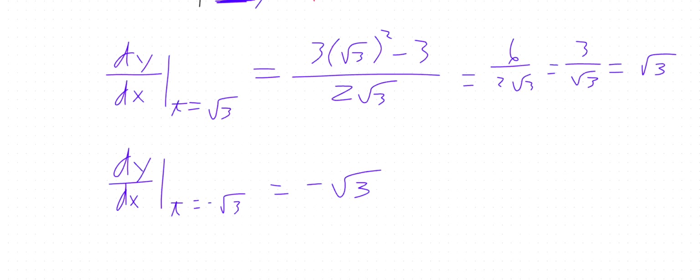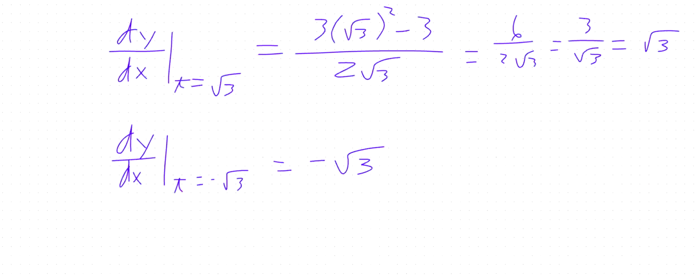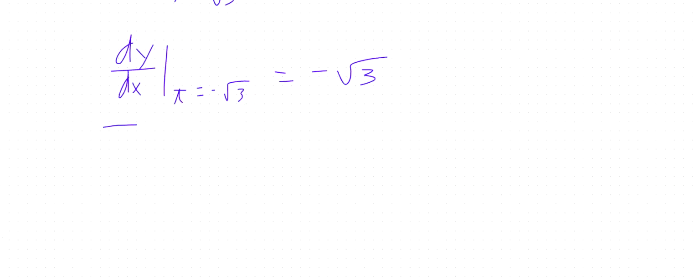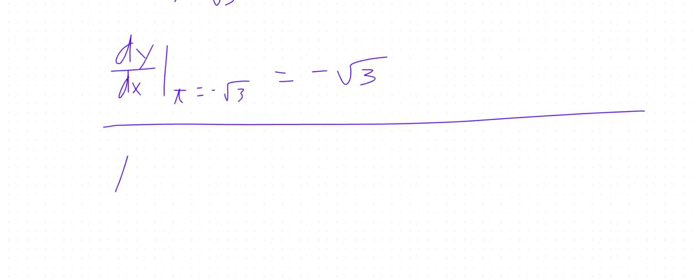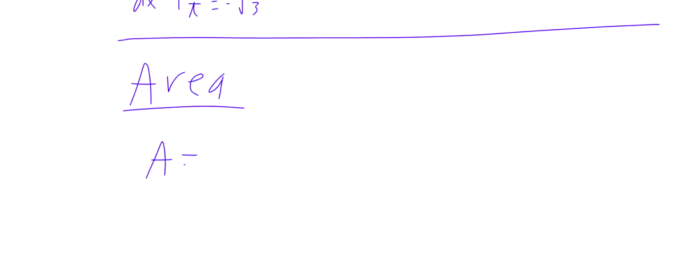Next up, how do we find area? So area under a curve. Our equation for this is going to be the integral from some a to b of y dx, which is exactly what you think it would be because it's area under a curve.